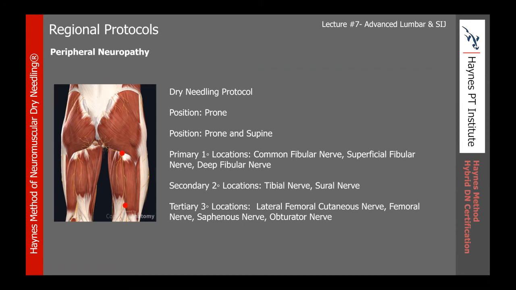One, see if we can use some needle manipulation to have an impact on that entrapment itself, loosen that connective tissue. But two, see if we can stimulate that nerve transmission, that nerve impulse heading back to the central nervous system, to improve the quality of the nerve function.